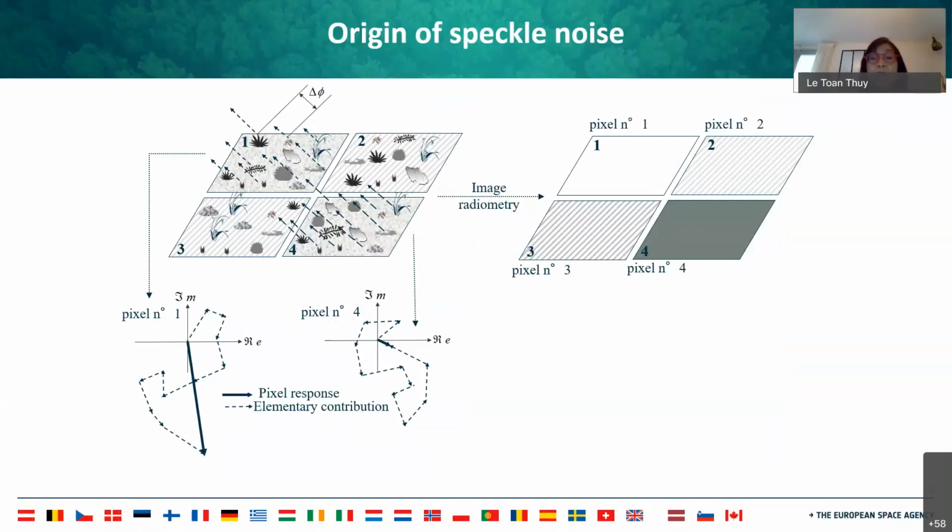In contrast, for pixel number 4 here, the waves hit one scatterer, go to another, and the coherent sum is small, and so it's a low backscatter, or dark value, so number 4. But they have the same kind of physical characteristic.